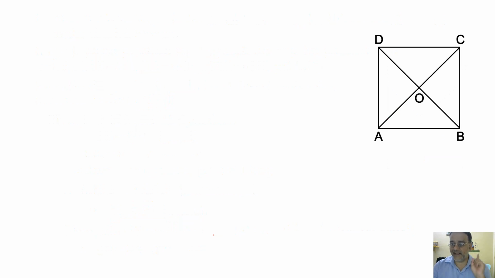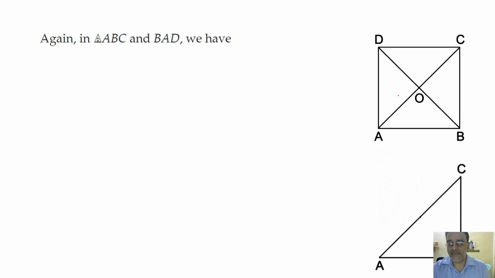Now the third part, one angle measure is 90 degree. So उसके लिए हम लोग फिर से प्रूफ करने जा रहे हैं ट्राइंगल ABC, ठीक है, और BAD. So उसको निकाल लेता हूँ मैं, ये वाला ट्राइंगल ABC और ट्राइंगल BAD को निकाल लेते हैं, right? Now see, AB and BA both are equal, common side, and AC is equal to BD, diagonals equal, it is given, and BC is equal to AD.